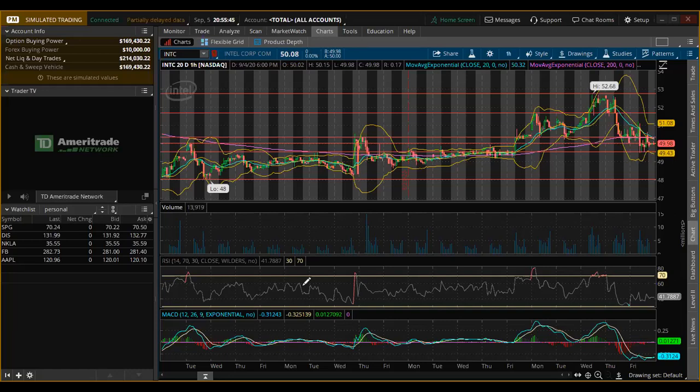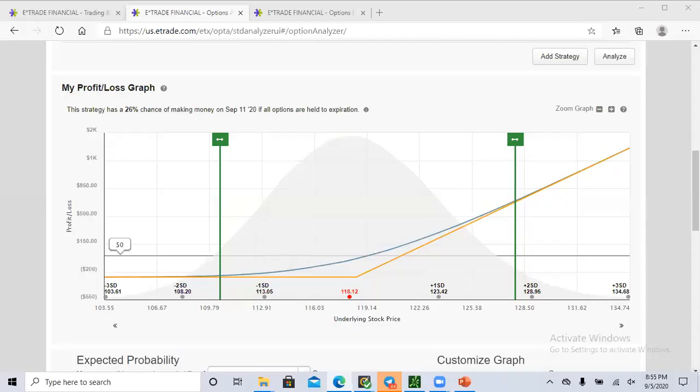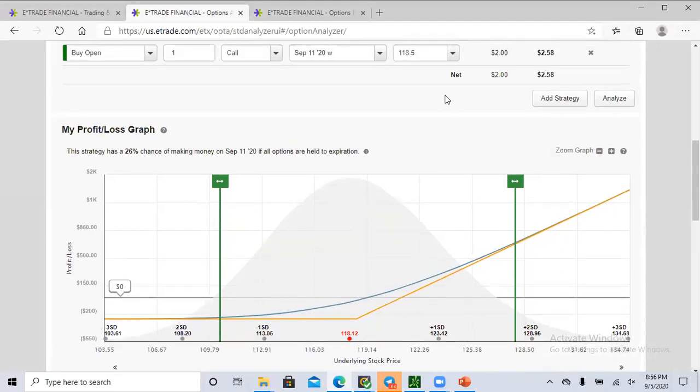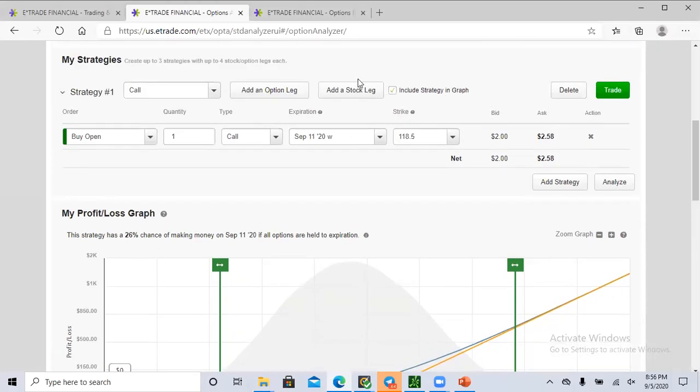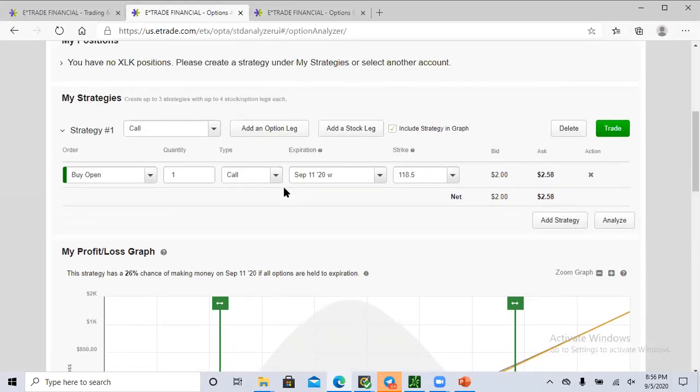Where is it? So this is E-Trade. It's the options analyzer.